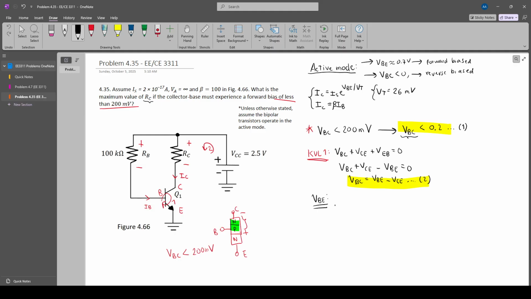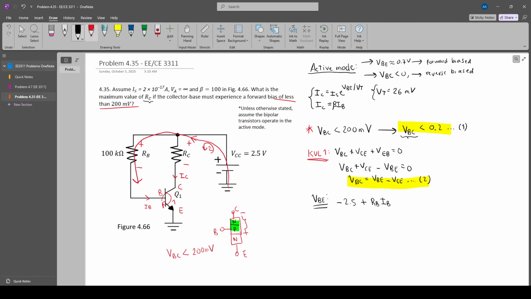Following this loop 2, it will be minus 2.5 volts, plus, we are following this path, right? Minus 2.5 volts. Now we need to pass through this resistor, which is plus the resistance RB times the current flowing through RB resistor, and that will be IB, right?